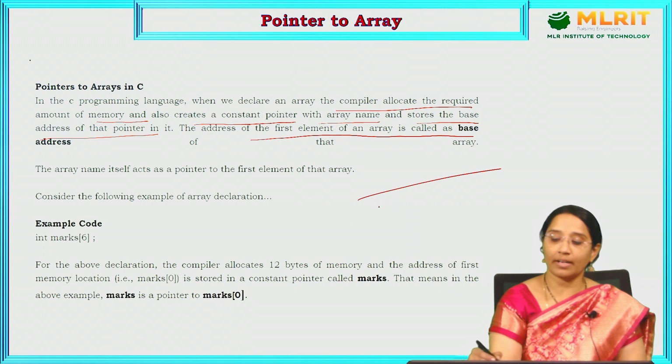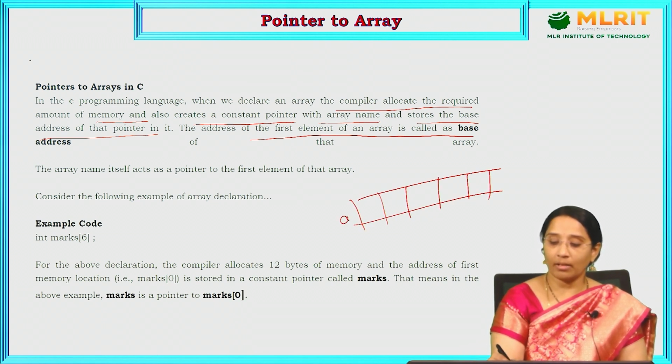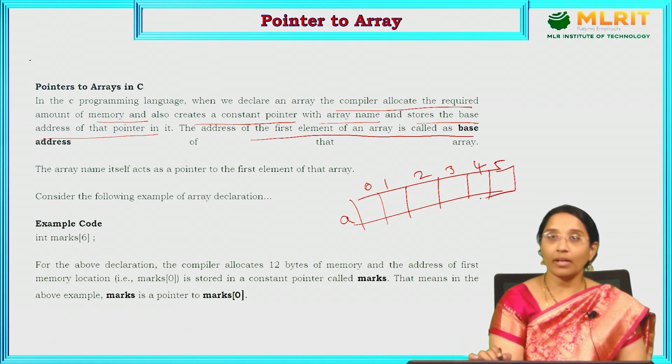Suppose this is an array, with index numbers 0, 1, 2, 3, 4 and 5. Here I want to store some values. So, this is at 1000.